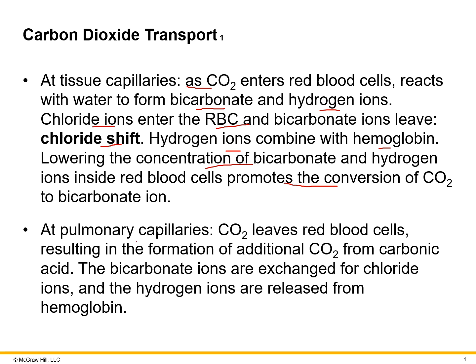Now in the pulmonary capillaries, which is when we want carbon dioxide to leave the red blood cells, this results from the formation of additional carbon dioxide from that carbonic acid, that bicarbonate. So the bicarbonate ions are exchanged for chloride. So again, they go in opposite. So chloride's coming in, bicarbonate's going out, and the hydrogen ions get released from that hemoglobin.